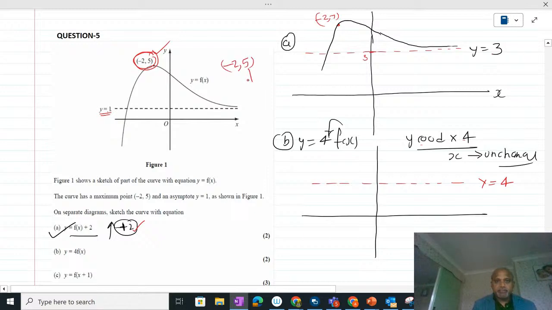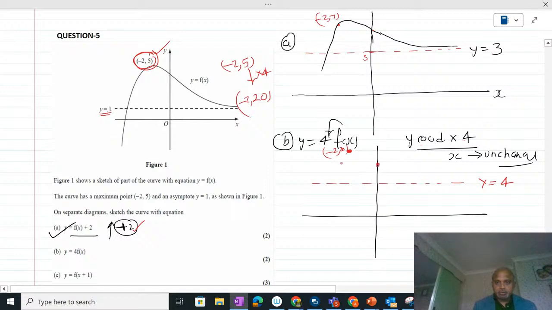So this 5 should be multiplied by 4 and it should be 20. So it should be minus 2 and 20. Suppose this is minus 2 and 20. Okay, what about this point? So this point is coming here.